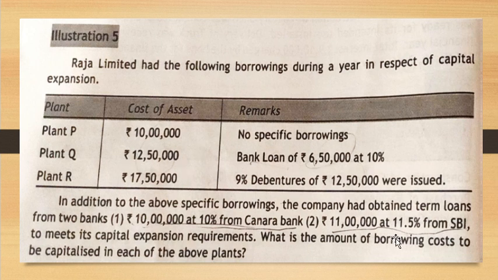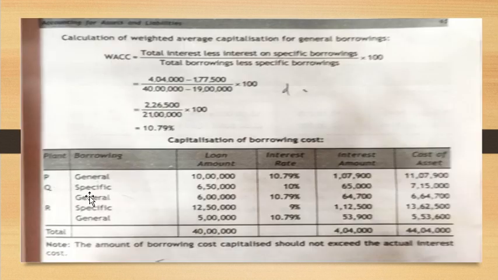Out of this 11 lakh, 6 lakh is used for acquiring plant Q. So there is specific borrowing as well as general borrowing involved. The specific borrowing for acquiring plant Q is the loan taken from the bank, 6,50,000 at 10% interest, which gives you 65,000. So 6,50,000 plus 65,000 will give you 7,15,000.